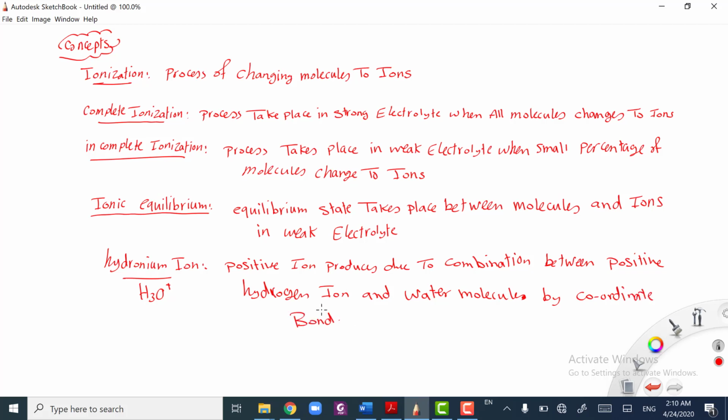Okay, from this we'll find the important give reasons that take place in ionic equilibrium and these concepts. Let's go see these give reasons.